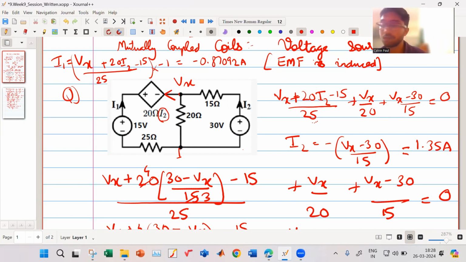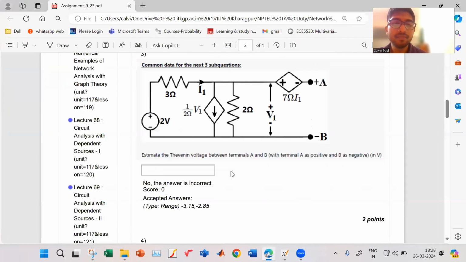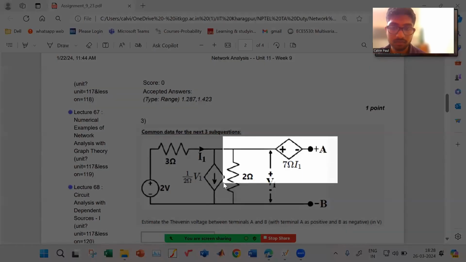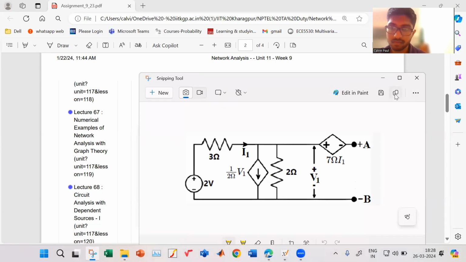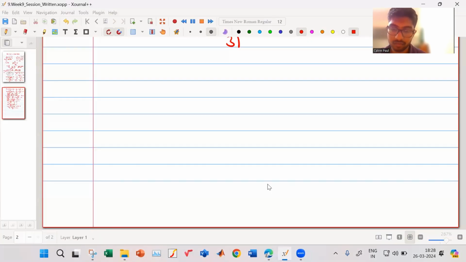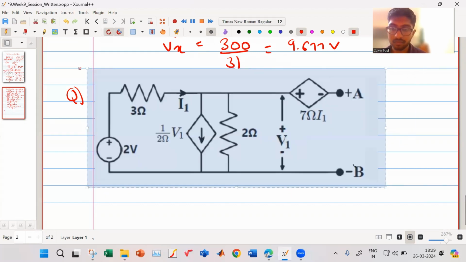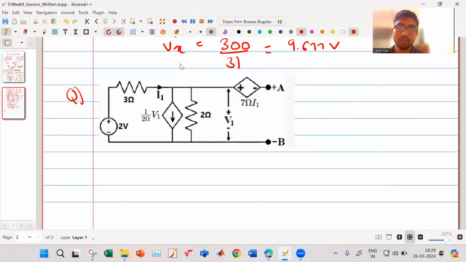So now we'll go to the next question. So when there are dependent sources, what happens to the various network theorems you have studied?